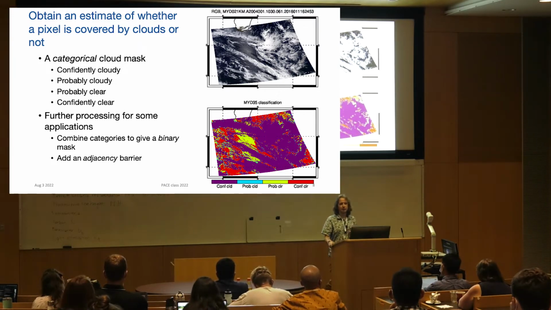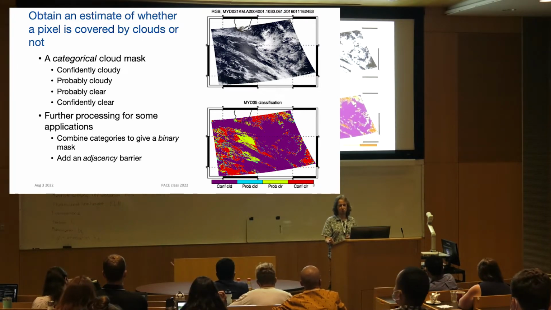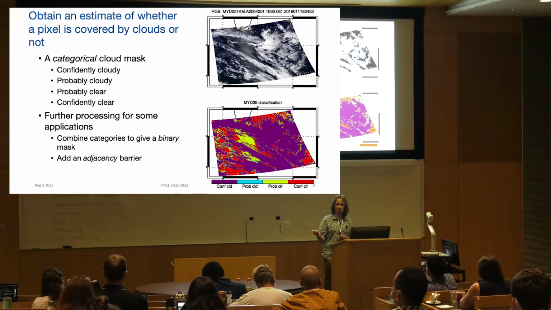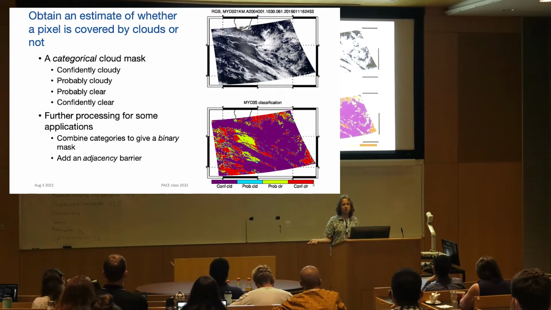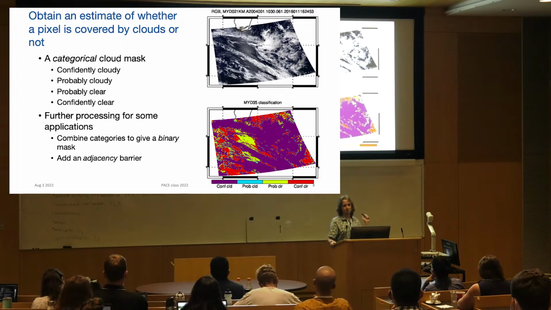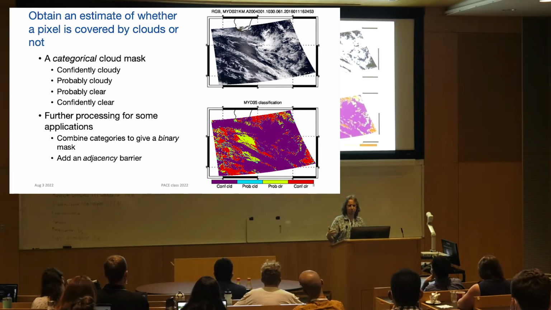They say, this pixel is either confidently cloudy, which means I'm really sure, probably cloudy, which means I think so, probably clear, which means I think it's not a cloud, or confidently clear, which means I'm pretty sure this is not a cloud. And on that last slide, they colored the probably cloudy very similar to the confidently cloudy, but not identical.